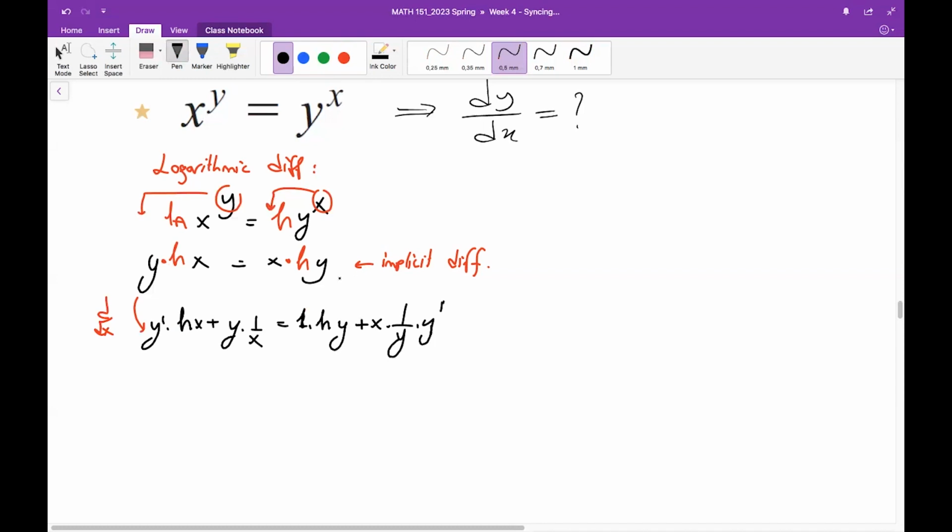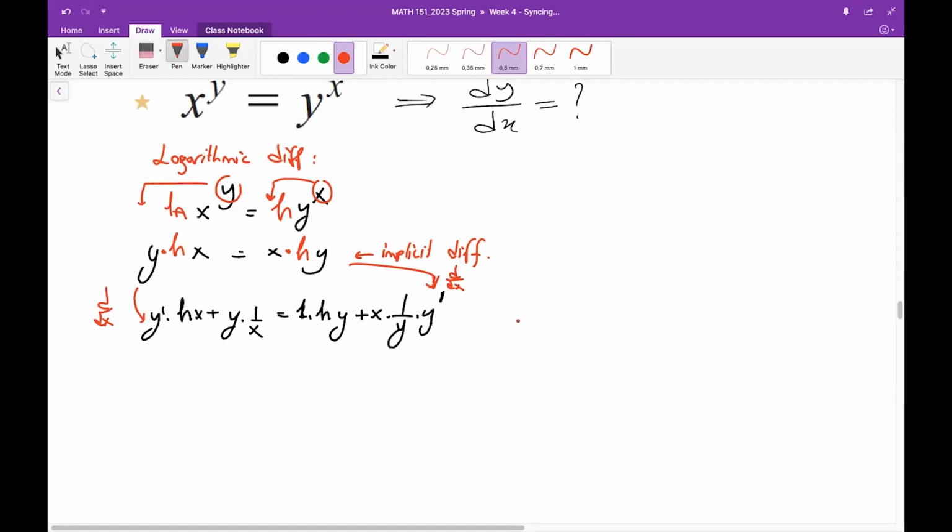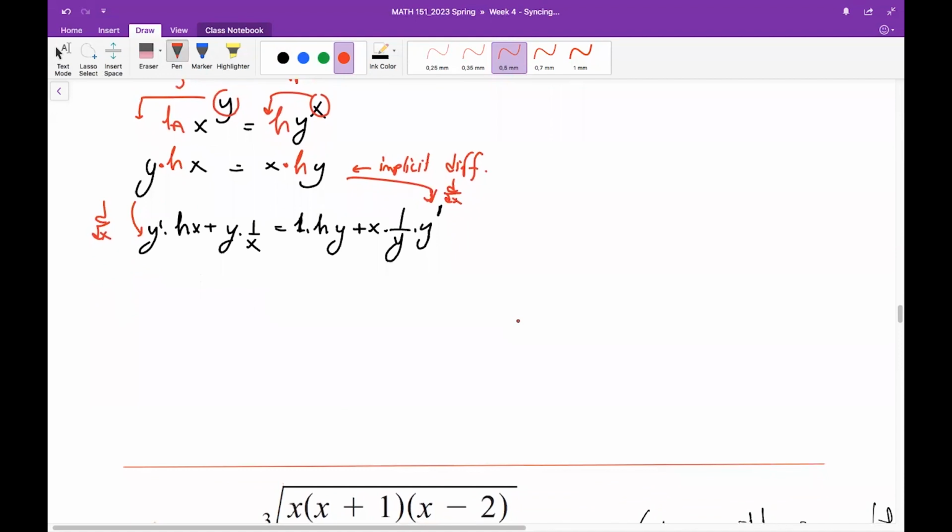You see, 1 over y times the derivative of the inside function. Okay, so for the left and right hand side, I take the derivative with respect to x. And the next line would be rearranging the terms to solve this equation with respect to y prime.